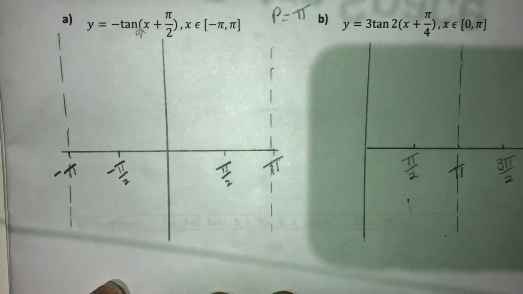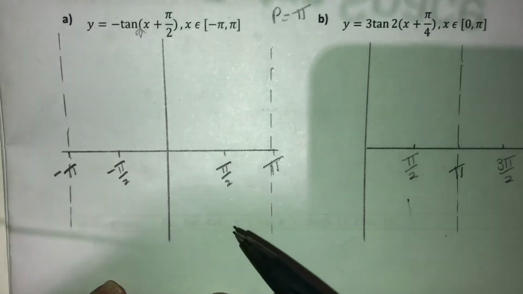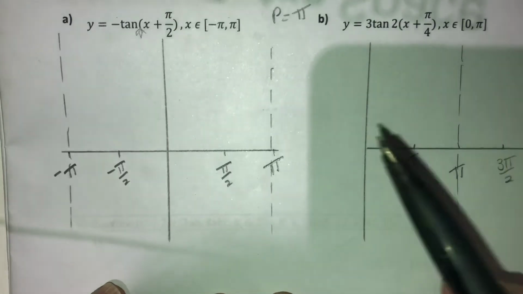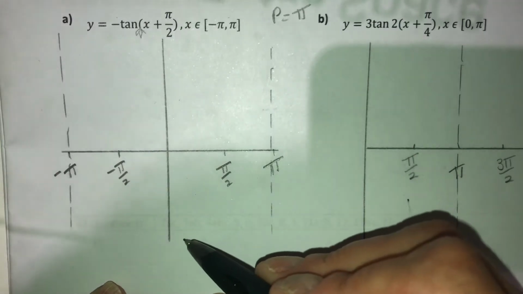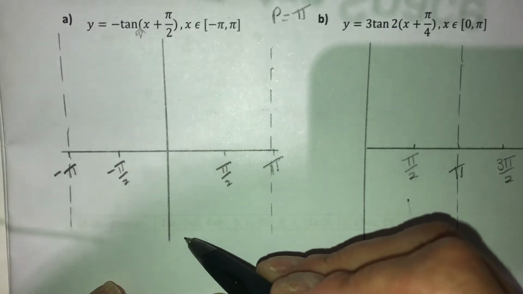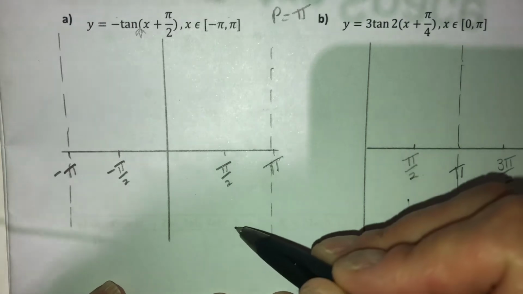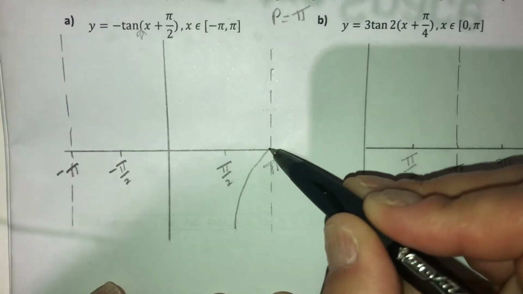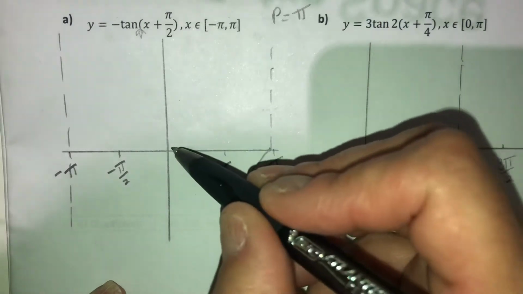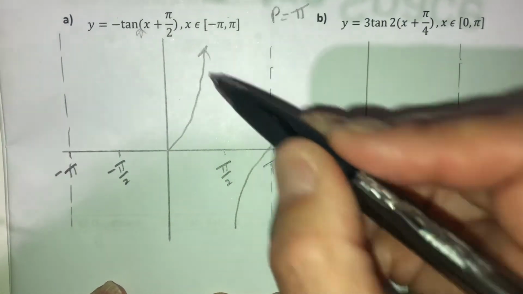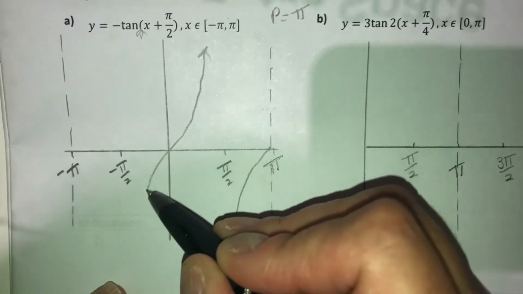So if you think about what this would normally look like, you can have a look up in the graph up the top. So it would normally go like this. Like this. Down here.